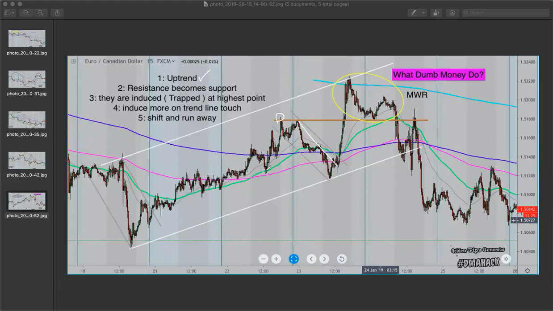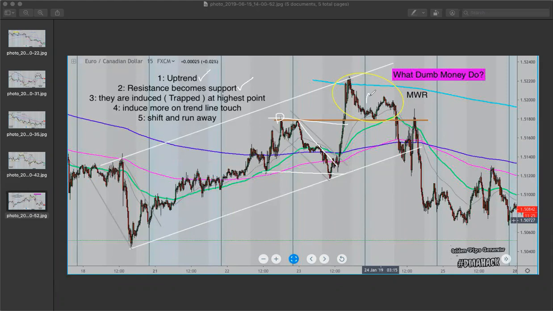And then there was support here to grab the orders below, stop on them, stop on everybody through this induction. Then what happened? Resistance became support. It broke, retested, acting as a support. So second check. They're induced or trapped at highest points.